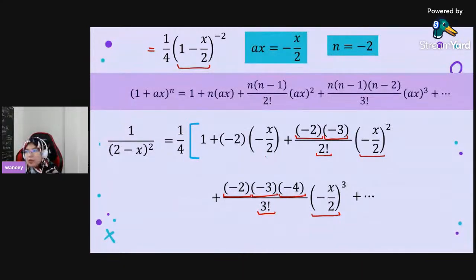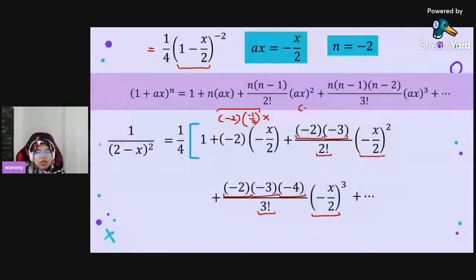Now we are going to simplify them one by one. Like I told you before, it is better to separate the numbers and the x. For example, over here, make sure to calculate negative 2 and then negative 1 over 2 first, and then times with x later on.